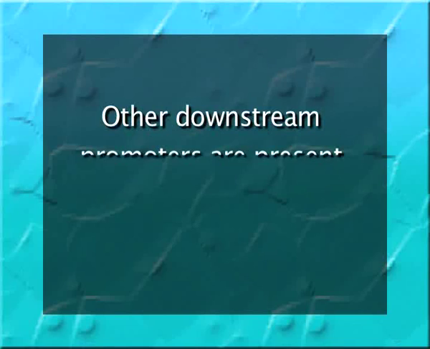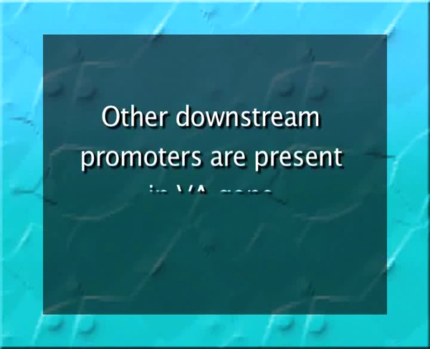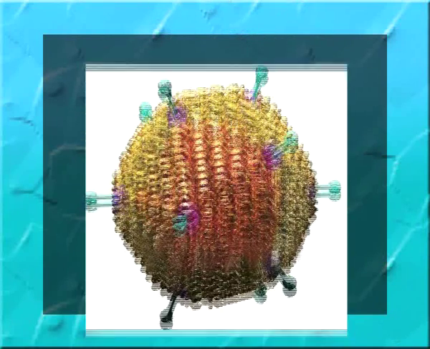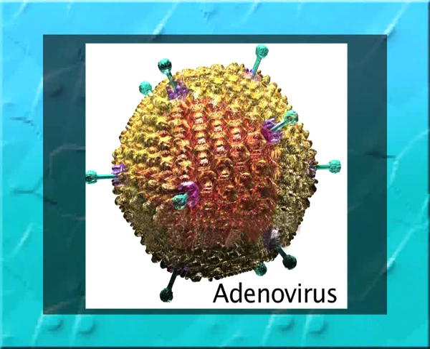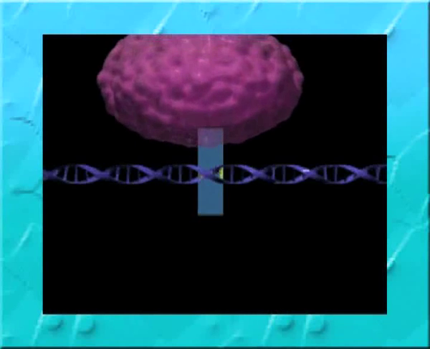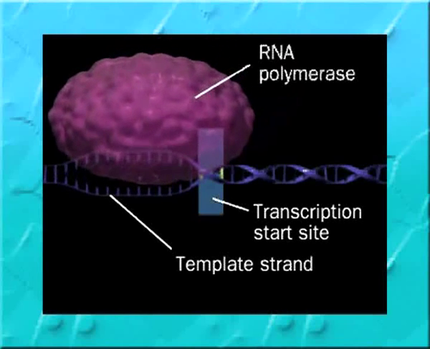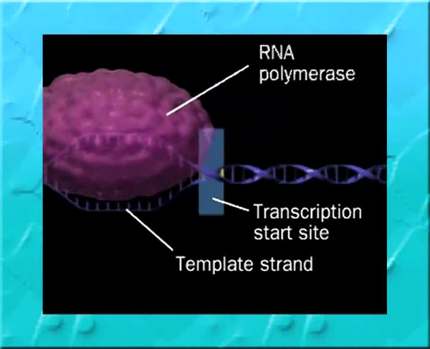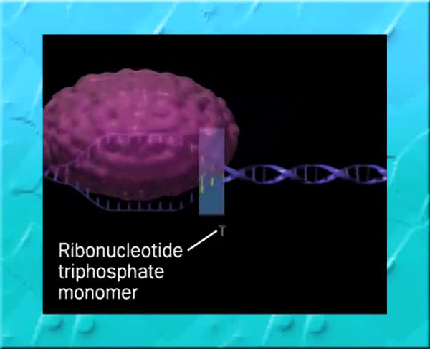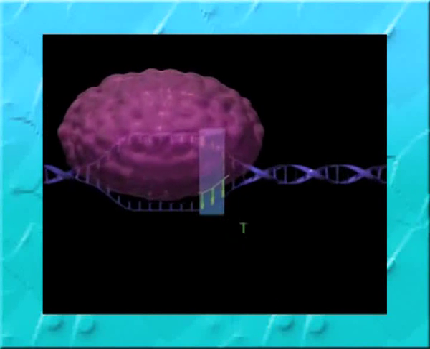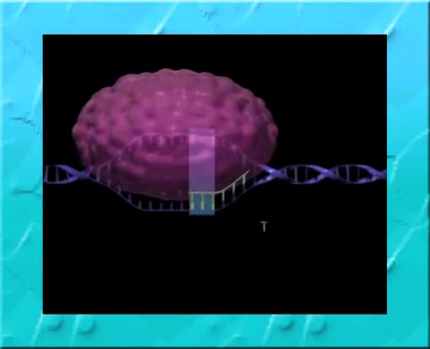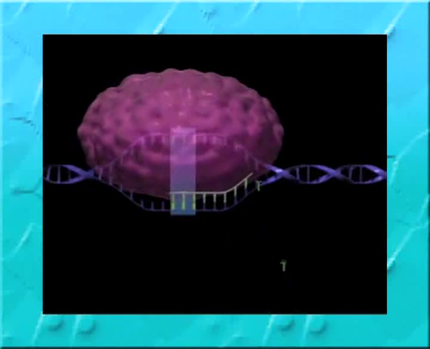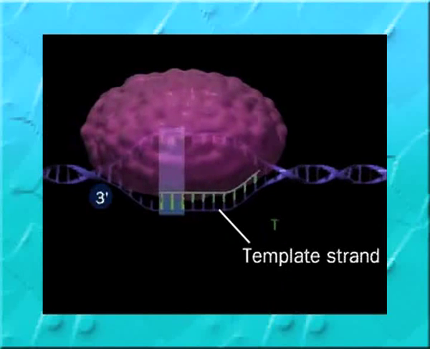Other downstream promoters are present in the VA gene of adenovirus, which is between plus 9 to plus 72. Normally, the RNA polymerase binds to promoter covering about 60 nucleotides, within the minus 50 to plus 30 region, and initiates the RNA synthesis.